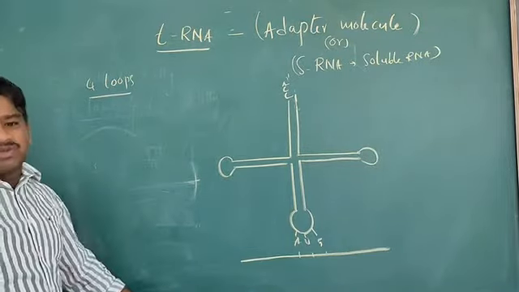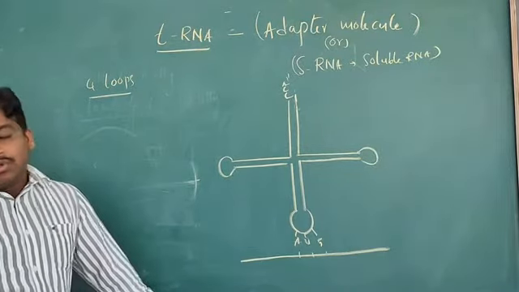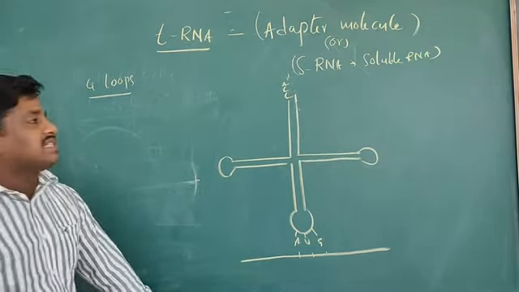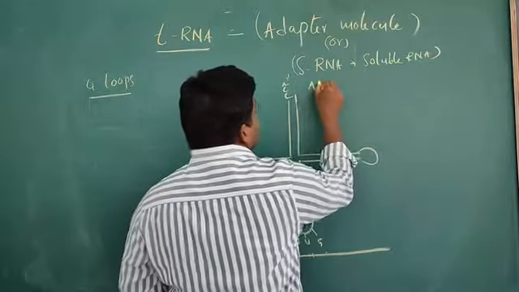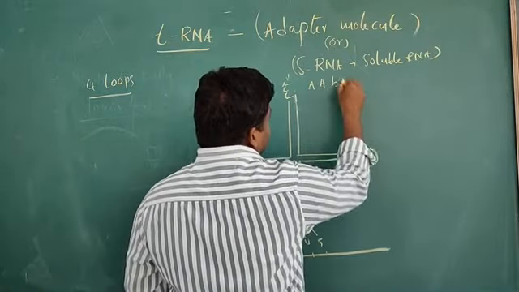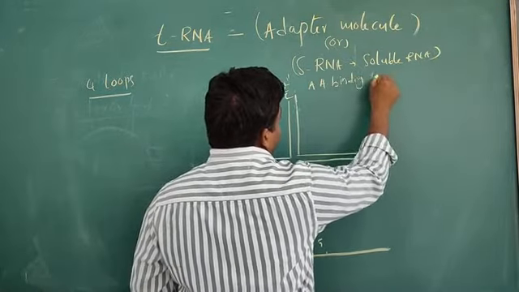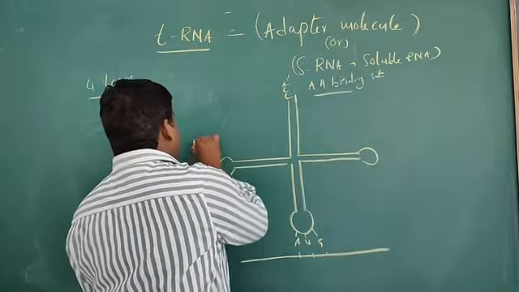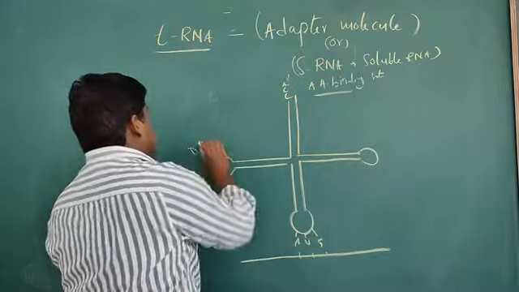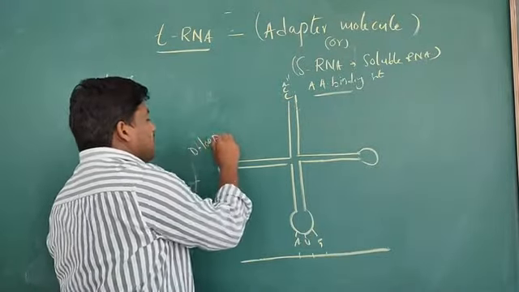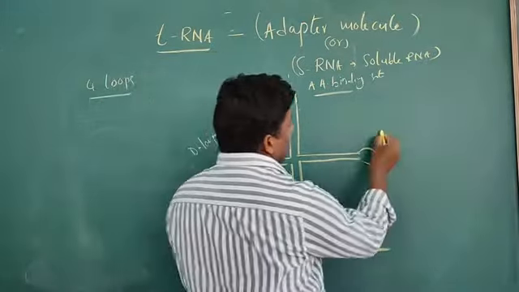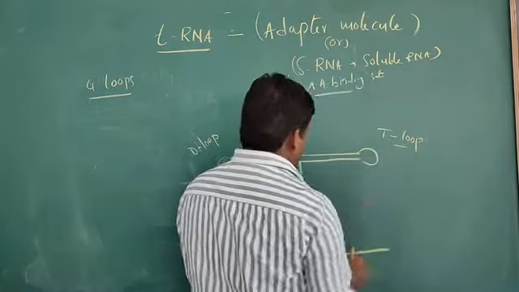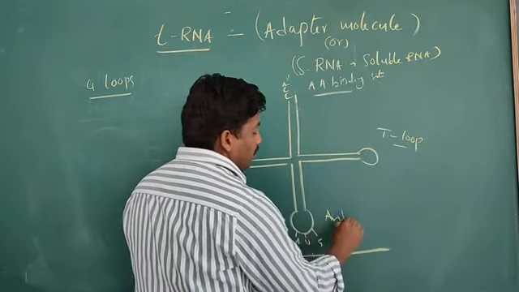First one is the amino acid acceptor site, the amino acid acceptor binding site. Then this is the D loop, another is the T loop, and this is the anticodon loop.